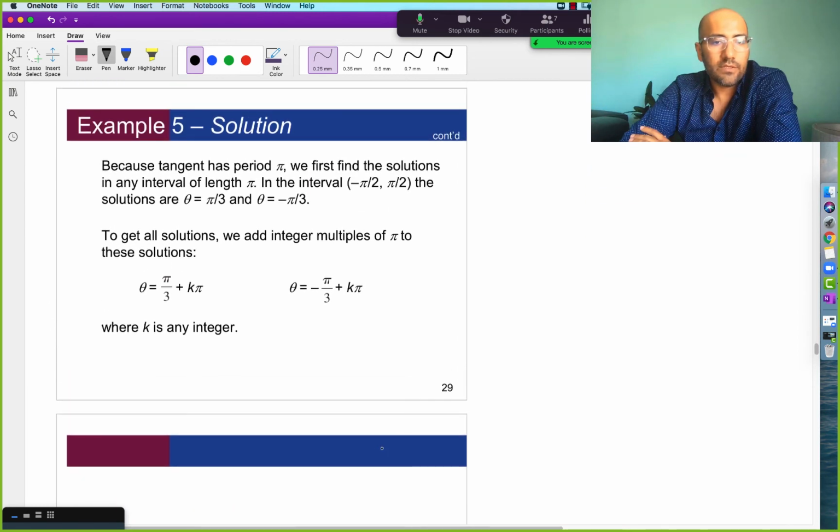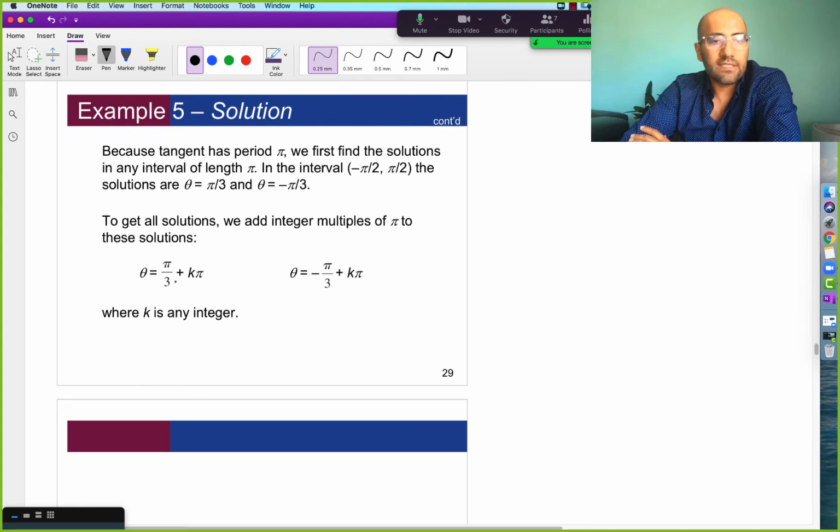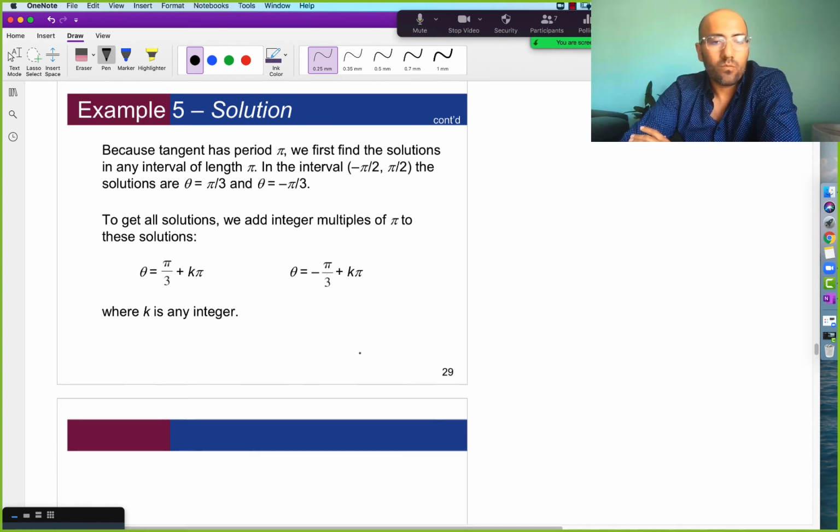Good. Any questions? So this is my solution of 60 plus 180k, and this is negative 60 plus 180k, which is the same thing as positive 120 plus 180k in degrees. Good.